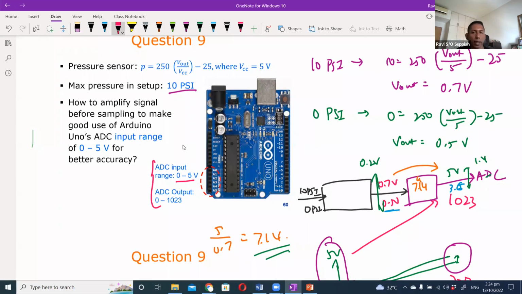The more spread out they are, the more accurately you can work backwards to know the actual analog value. If all the values are squeezed to a small range, then you can't really differentiate a lot of the input signals, and for many of the signals you may get the same ADC value. So that is what we want to achieve before we do the ADC operation.